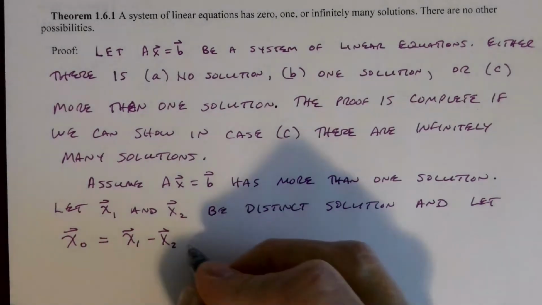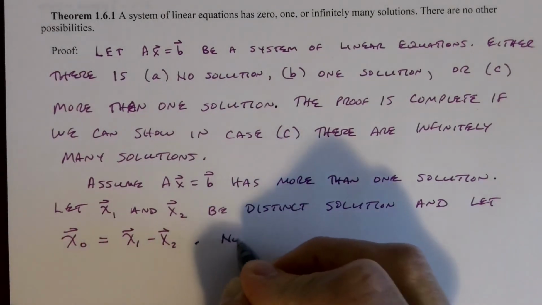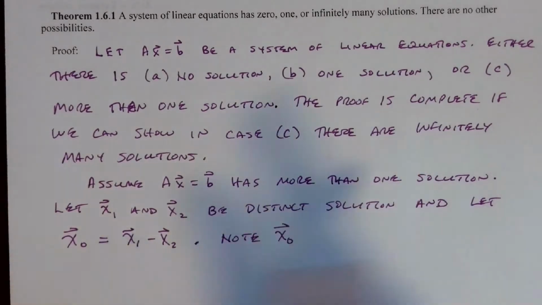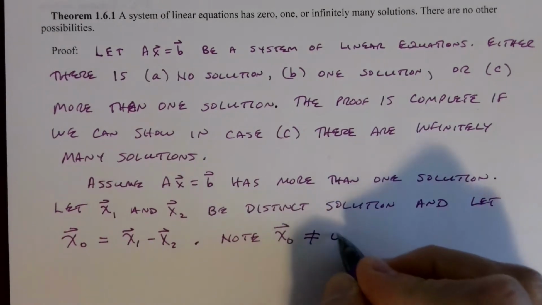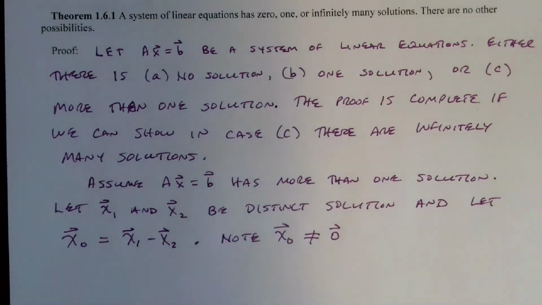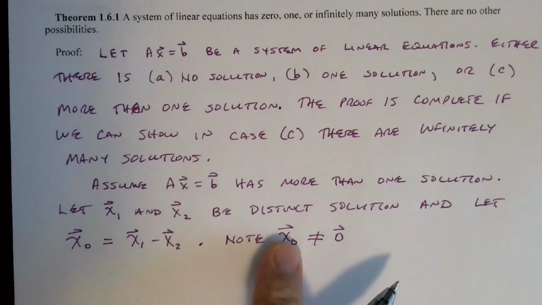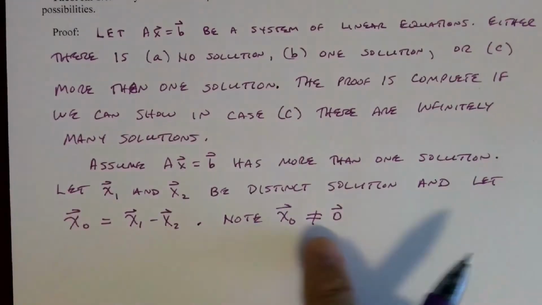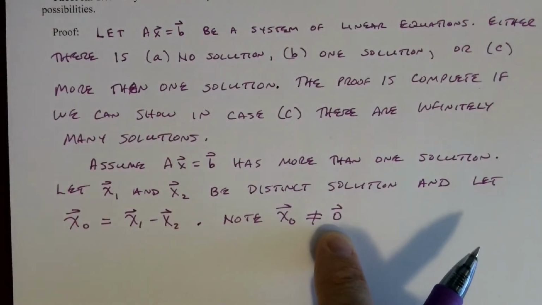And I'll just have you note, real important here, that this new vector we created, x sub 0, is not the zero vector. If it were the zero vector, that would mean x sub 1 and x sub 2 would be the same solution, but they're distinct. So there's at least one difference in the variables, so that x sub 0 is not going to be the zero vector.